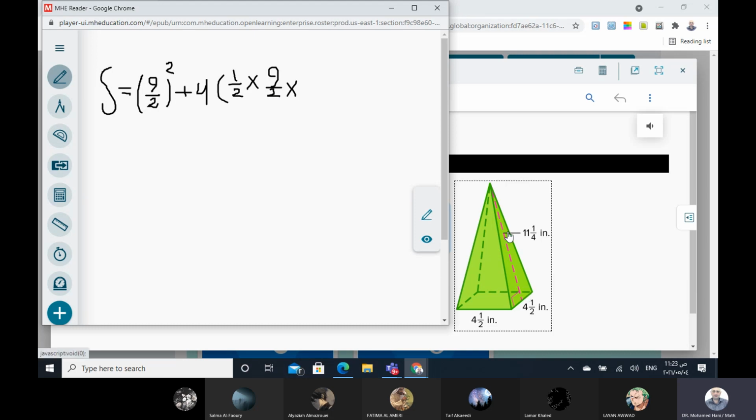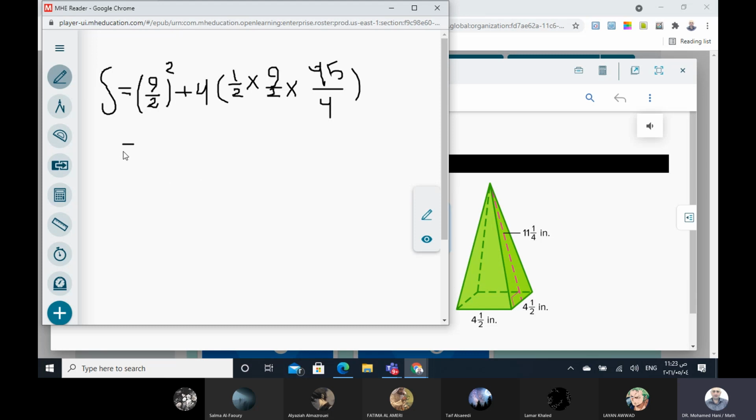Multiplied by the slant height, which is 11 and 1 over 4. Change it to a fraction: 11 times 4, 44, plus 1, sorry, 45 over 4.